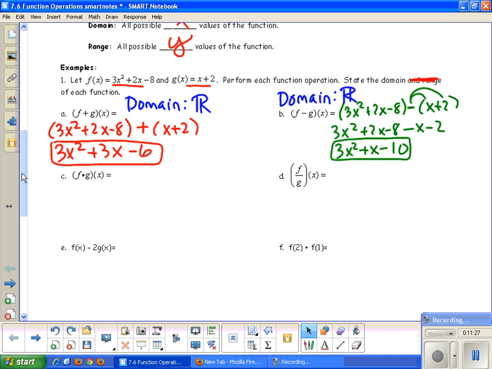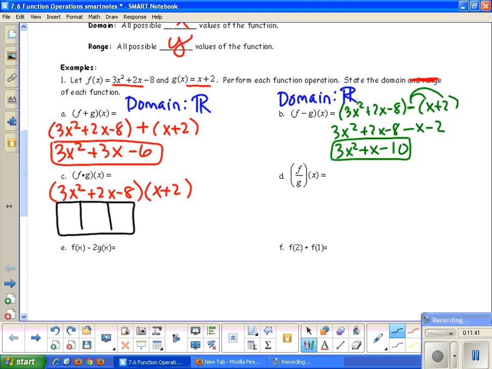So the next one, I'm multiplying my functions. So I'm doing 3x squared plus 2x minus 8 times x plus 2. And I like to use the box method when I'm multiplying, so I'm going to go ahead and box that out.